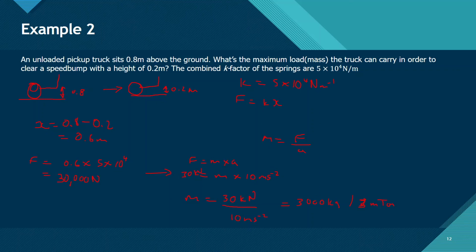It's just simple substitution: 0.6 times K, that's 30,000 newtons. Then in order to find the mass, we recall that force is equal to mass times acceleration, do a transposition, and we get our 3,000 kilograms or 3 metric tons.